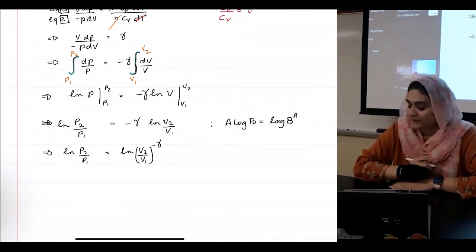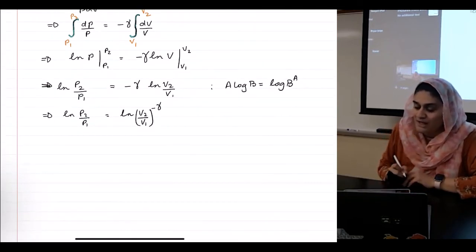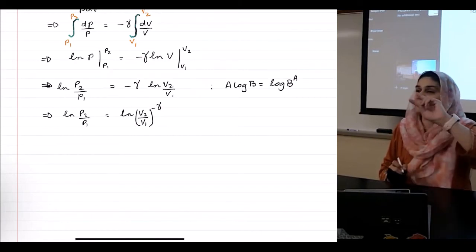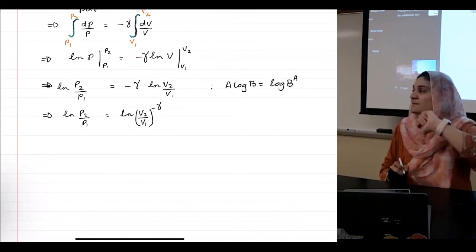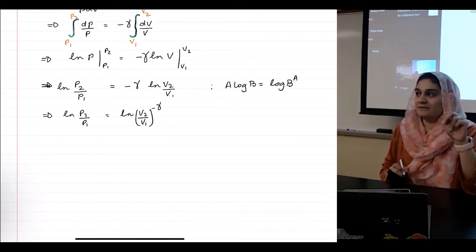Yes? Okay. How do I get rid of logs on both sides? And there's a minus gamma, so that means V1 and V2 need to be switched to get me gamma. That much math, right? Anyone still confused about the math? Anyone not remember properties of logs?